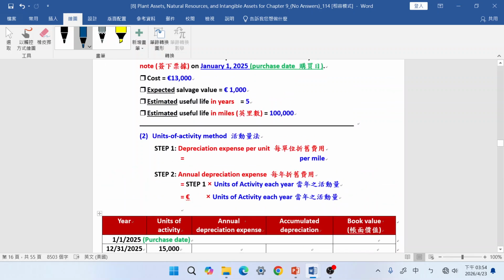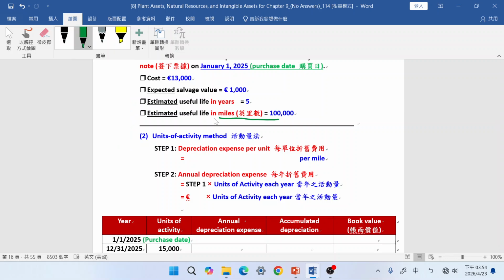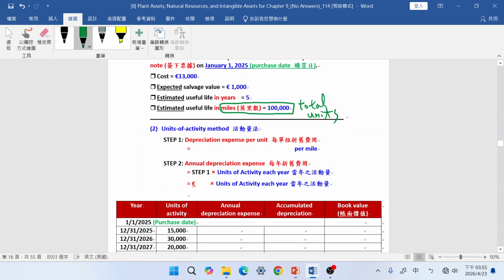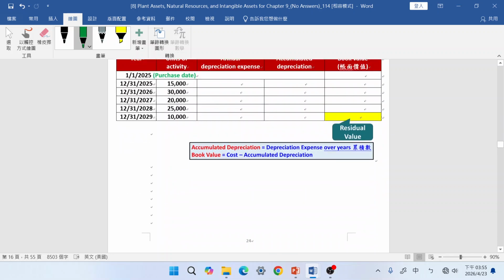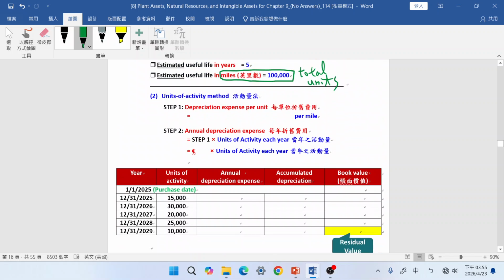So how many units you used? Right here told you how many units. In miles, 100,000 miles, right? So that's the total unit. Okay? So based on this, please finish page 24 and 25. 24 and 25.